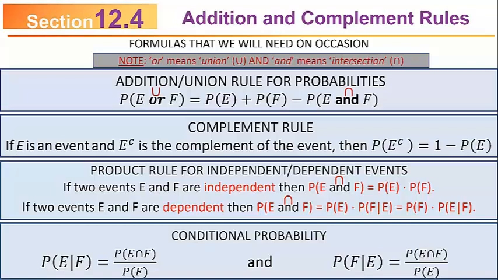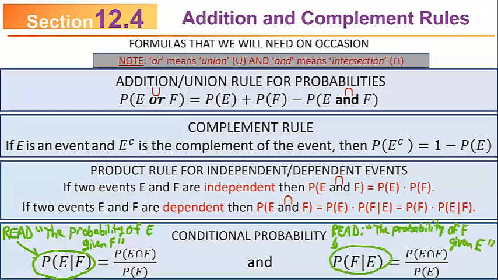Before I leave this, I told you I'm going to rotate back to this later, but I will say, if you use that notation with the vertical line, it's read the probability of E given F. The vertical line is read as given, or given that. So of course the probability of F given E has the E and the F flipped around the vertical line.